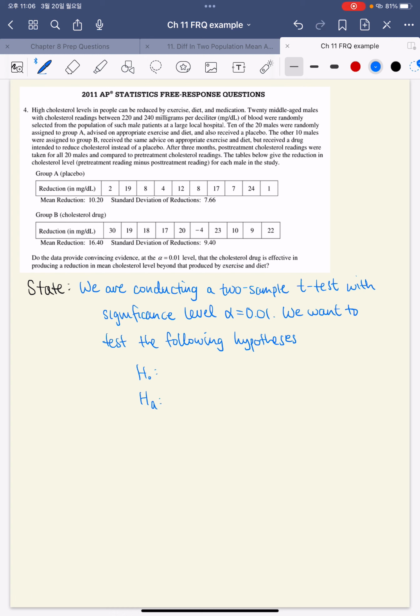So our null hypothesis is that the drug doesn't influence the mean reduction in group B. So we have to say the mean for group A is equal to group B, which implies that the drug doesn't have any effect.